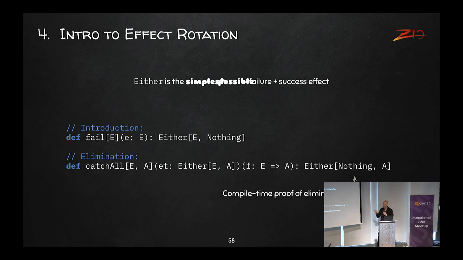And here you're seeing something that's similar. You have to squint, but there's similarity here. We're introducing and eliminating an error type, and we have compile time proof of this introduction and elimination by looking at the types. This turns out to be the key for effect rotation.